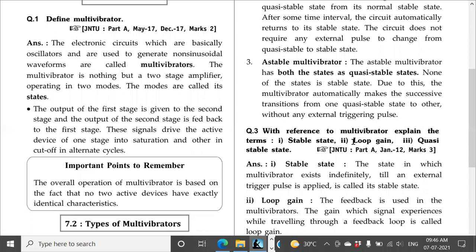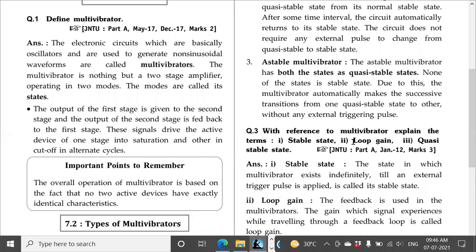And again, the duration of the square waveform, the on duration and off duration, will depend on what? Anybody guess? I told you while we discussed monostable, on what it will depend. The resistor and capacitor. We will have a resistor-capacitor connection.